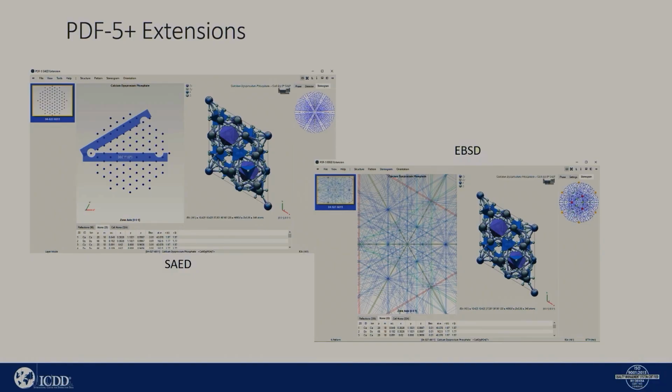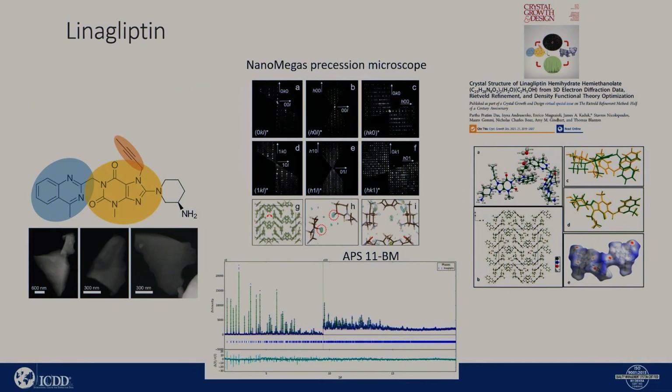We have extensions on the selected area electron diffraction and the backscatter diffraction. And this is actually quite helpful, particularly as an extra tool when you want to try to do some identification or even structure work using electron diffraction techniques.